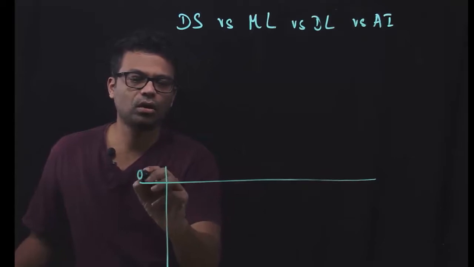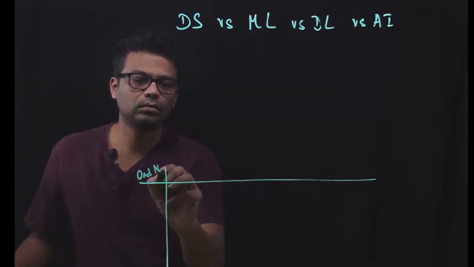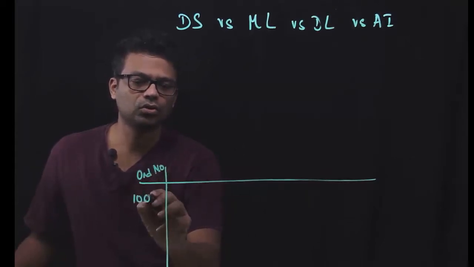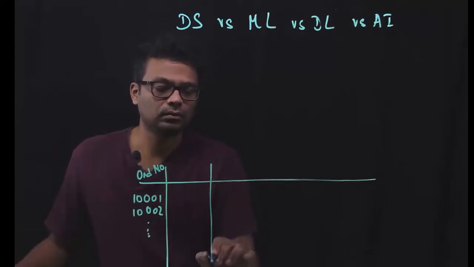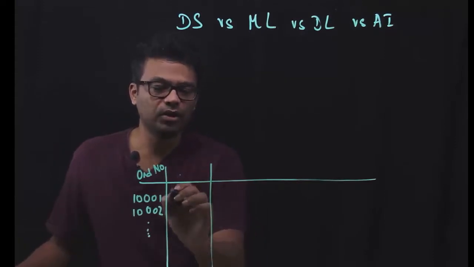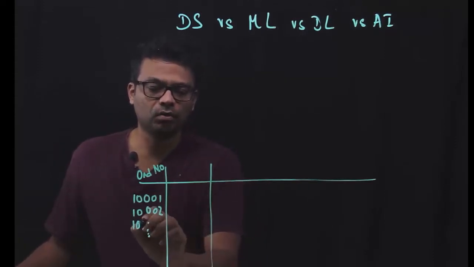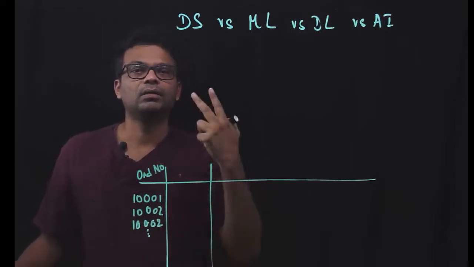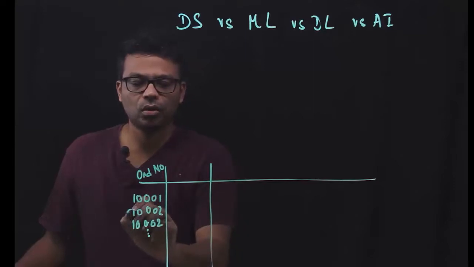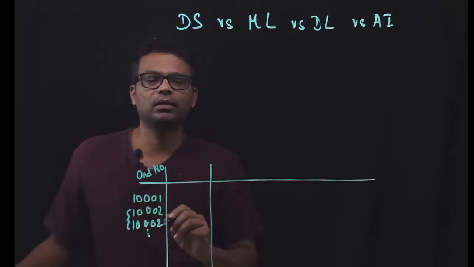So this is the order number, 10001, 10002, and so on. For each order, for example, 10002 has 2 line items, meaning somebody who just placed this order purchased 2 line items.